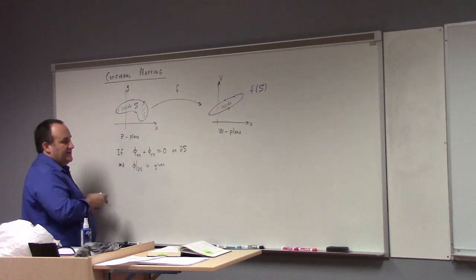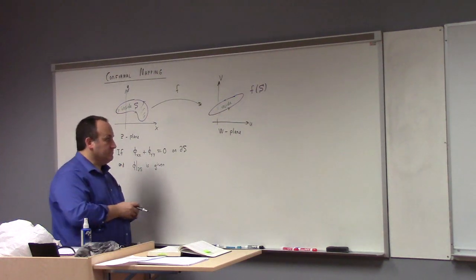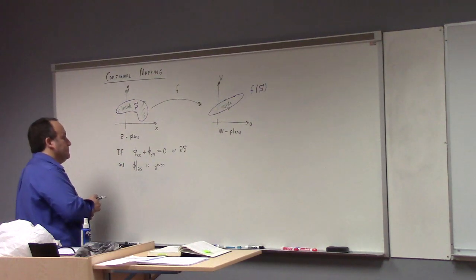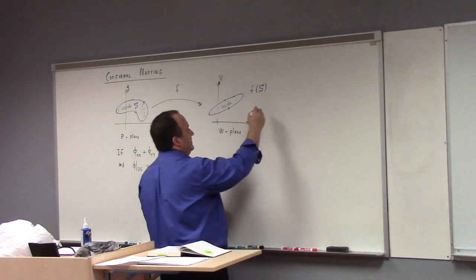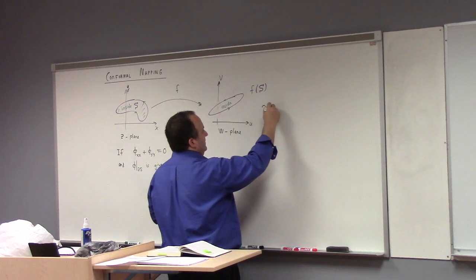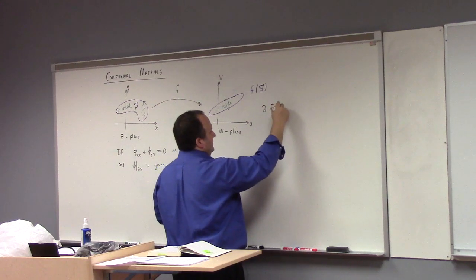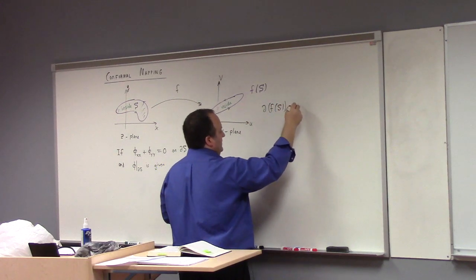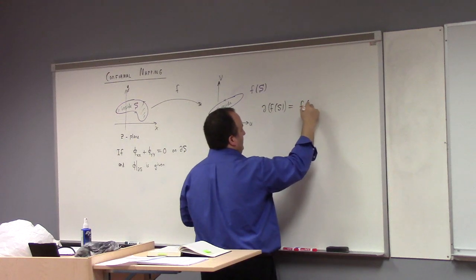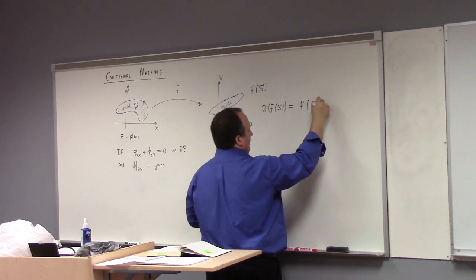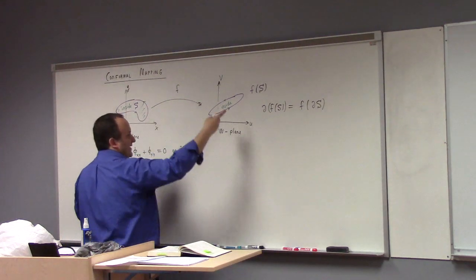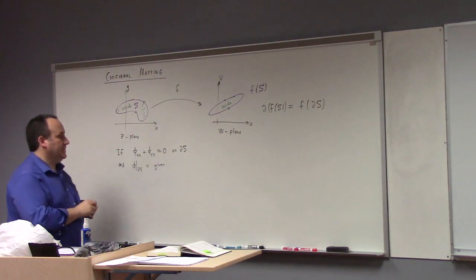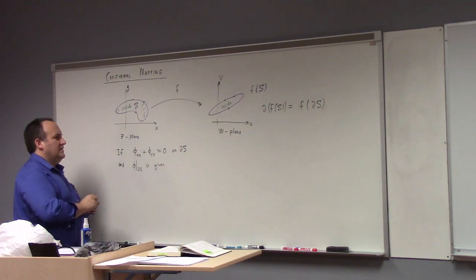So you have particular values on the boundary, right? Boundary values. Then one of the things is that over here, the boundary of the image is the image of the boundary. So the edge of this maps to the edge of that.